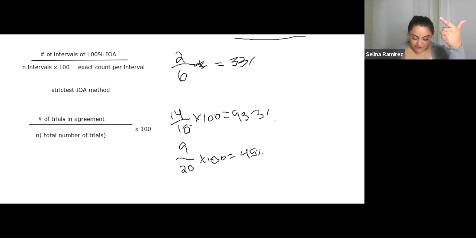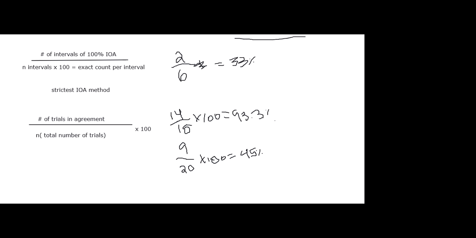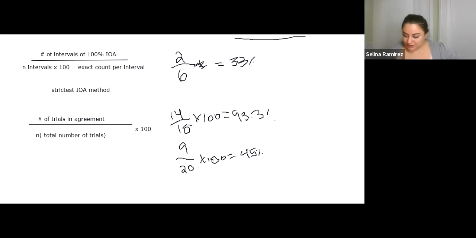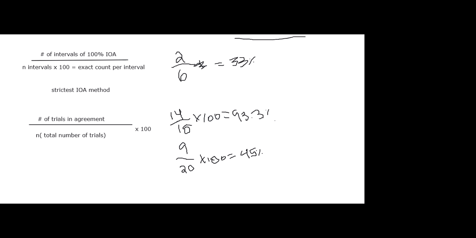And then trial by trial is the same as exact count, same formula.